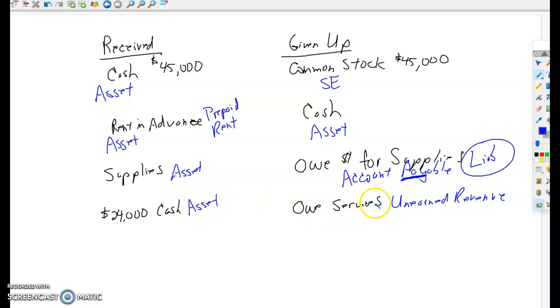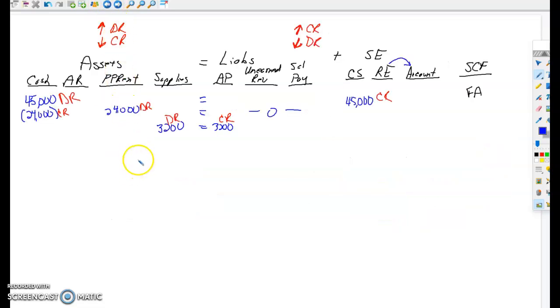If we owe anything, whether it's owing cash or owing a service, that's a liability. And then we'll go assign our debit and credit rules. So cash went up. Unearned revenue also is going to go up.